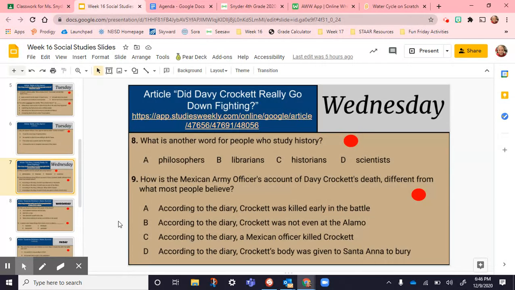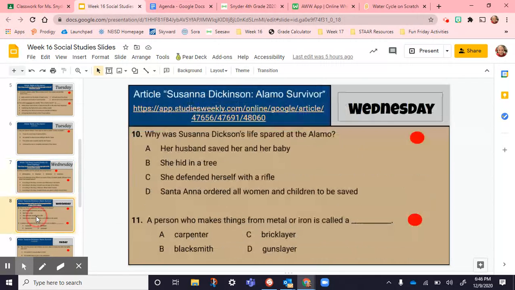So historians are researching that and looking at that diary and trying to see if that's real. And then while all the men at the Alamo were killed, Susanna Dickinson was one of the ladies.